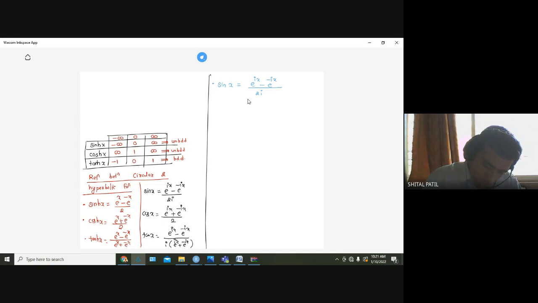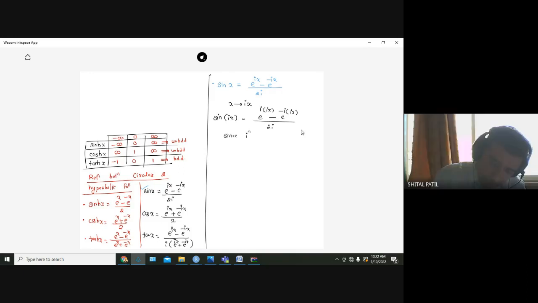I use this formula. Now understand what I am doing: I am replacing x by ix. What will happen? Sine of ix equals e raised to i·ix minus e raised to minus i·ix, divided by 2i. What is i square?